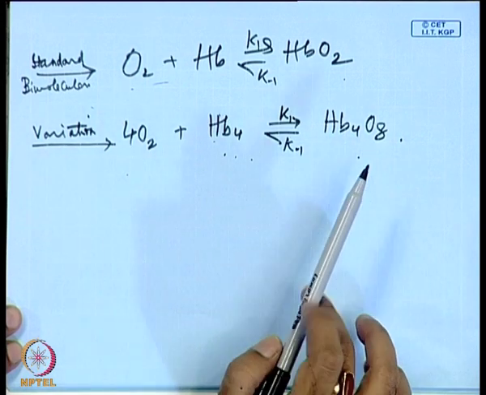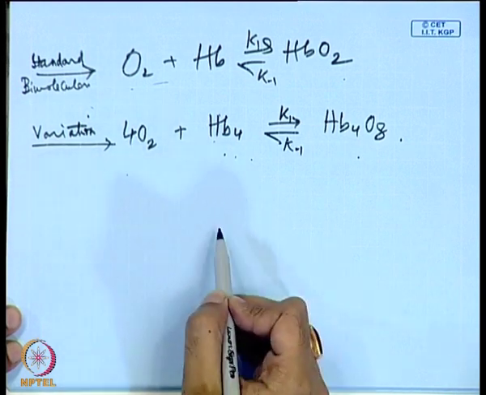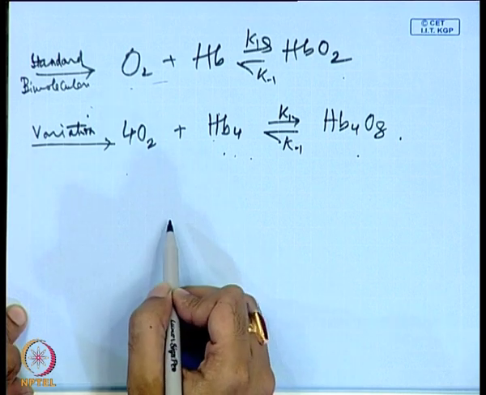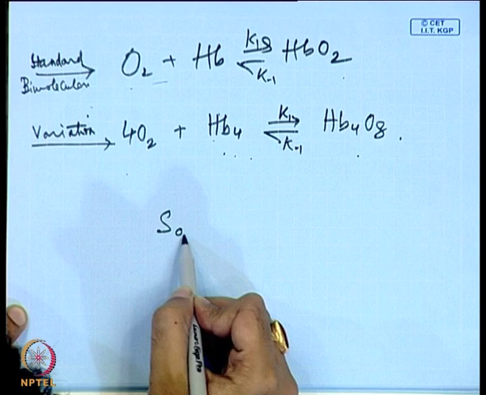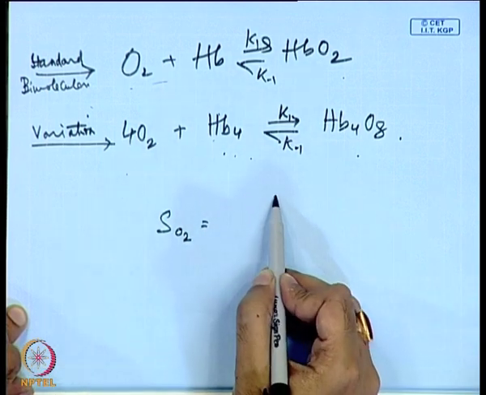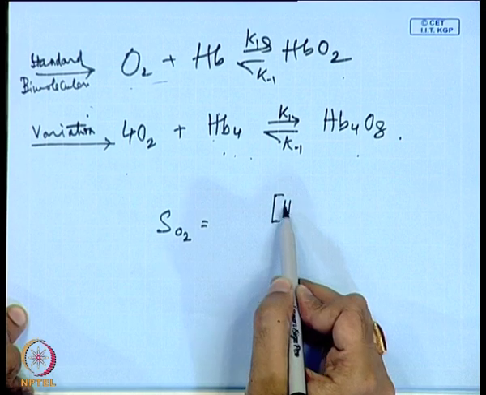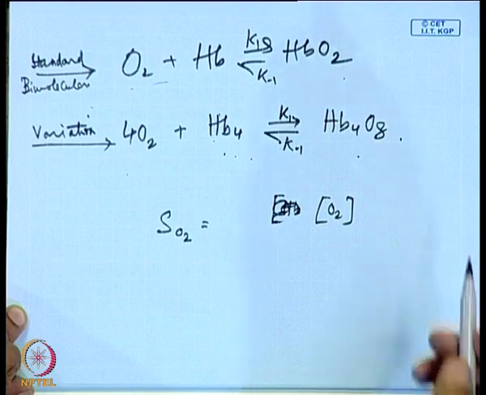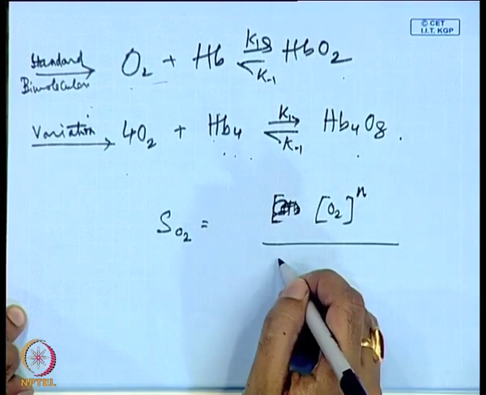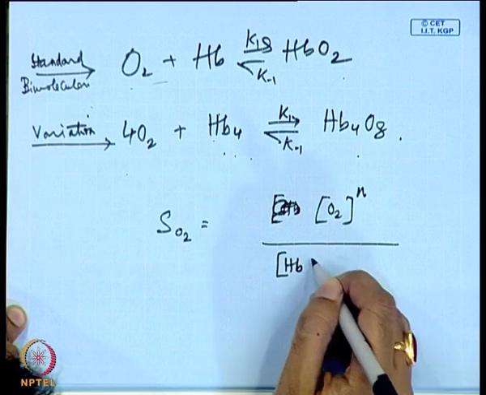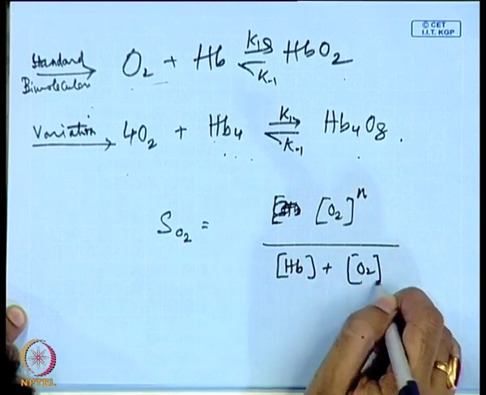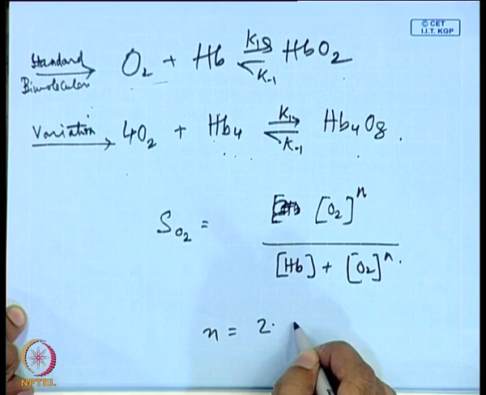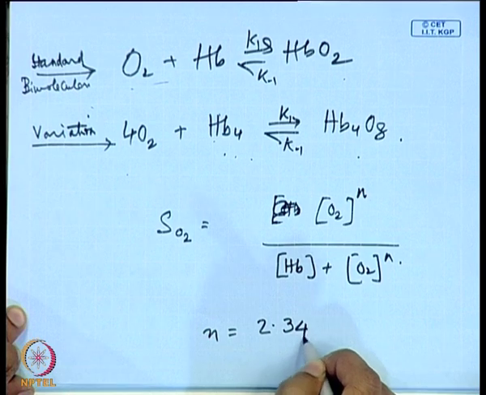In reality, when you write the oxygen hemoglobin equation in a certain way, say for example SO2, the saturation of oxygen, it turns out it goes as O2 to the power n divided by something plus O2 to the power n, where n equals 2.1 or 2.3 or 2.34, something like that.